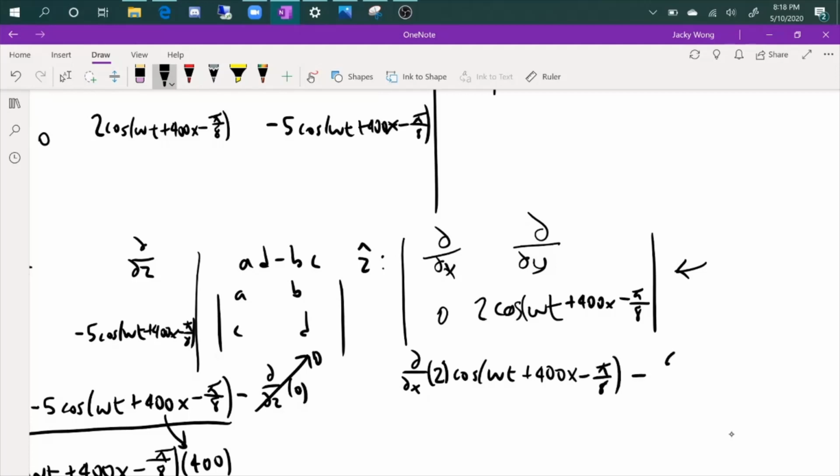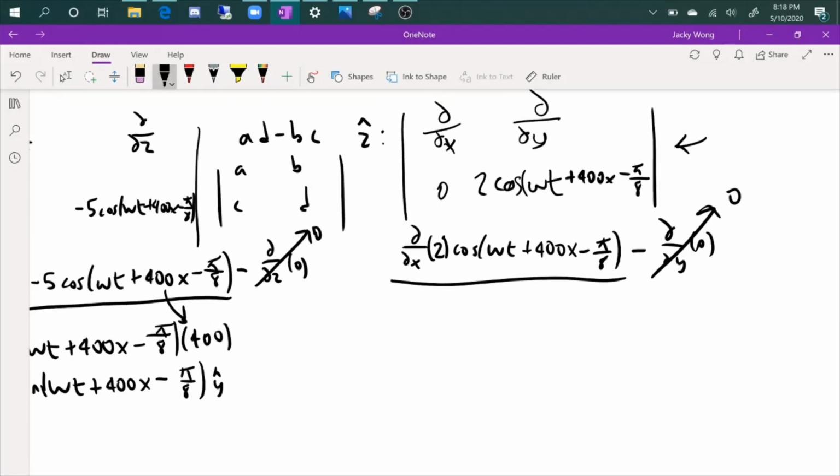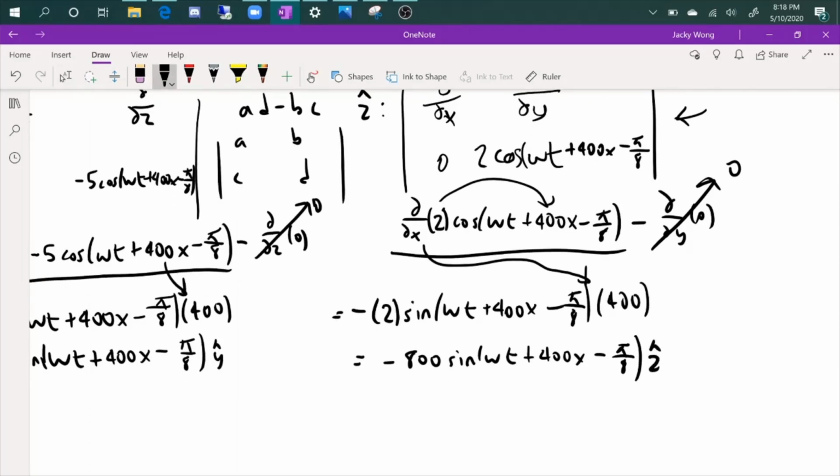This is also 0, so we're just left with this term. Solving this term, we obtain 2 times negative sine(omega t plus 400x minus pi over 8) times the 400 because of d dx. This gives us negative 800 sine(omega t plus 400x minus pi over 8), and this is in the z direction.